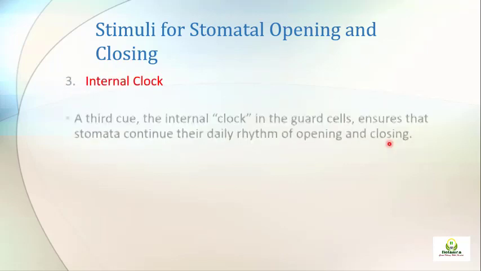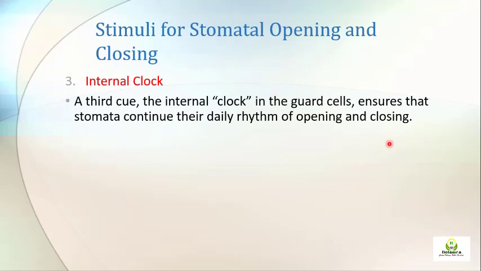And the third and last clue, which is also responsible for the opening and closing of the stomata, is the internal clock which is fixed in the plant. It is like the internal clock which is fixed in humans as well. For example, if we sleep at night at 9 p.m. or 10 p.m., our brain has fixed that time for sleep.